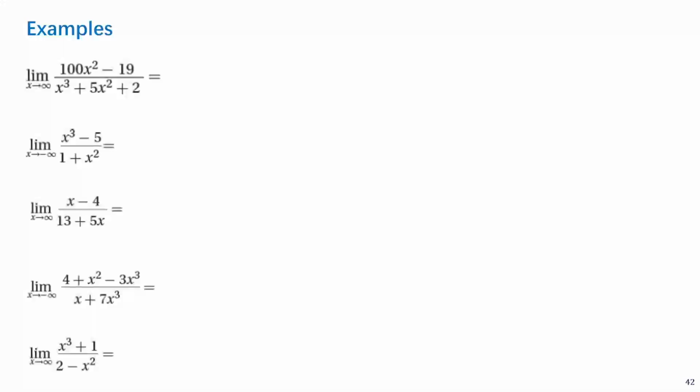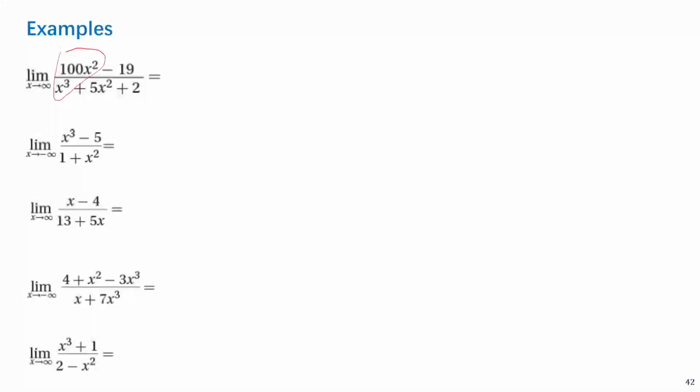Alright, so we have talked about that the limit of a rational function when x approaches either positive infinity or negative infinity is related to the ratio of the two highest order terms, right? So in this case, x cubed is higher than x squared.